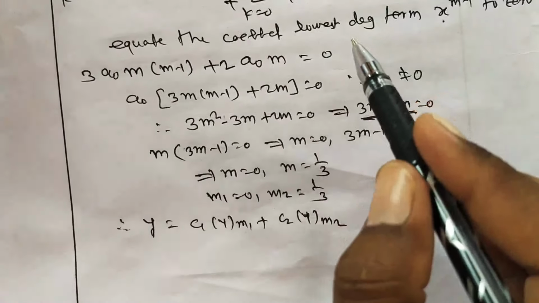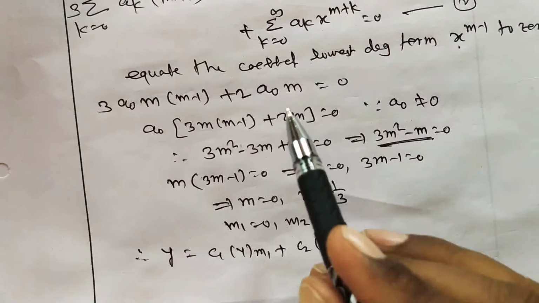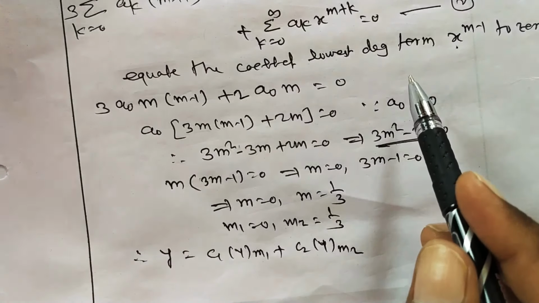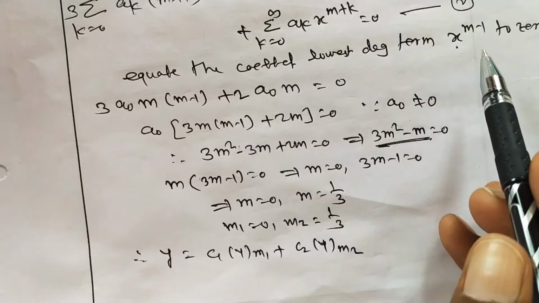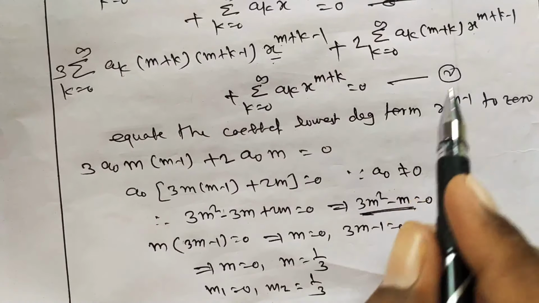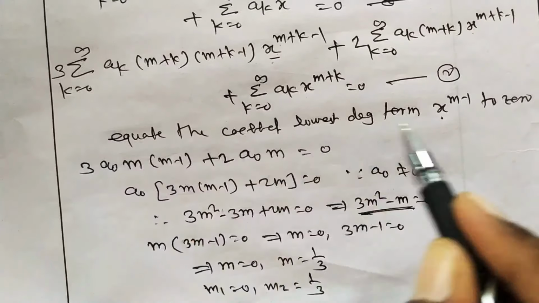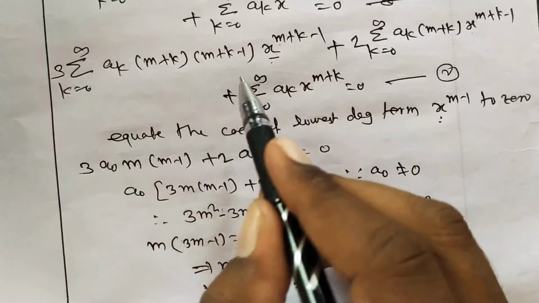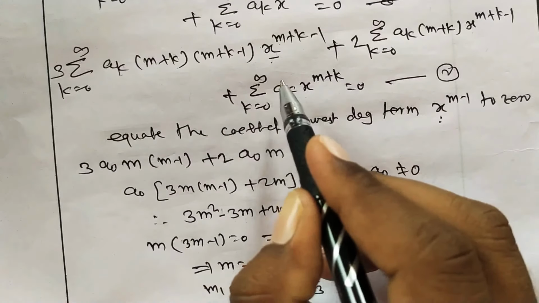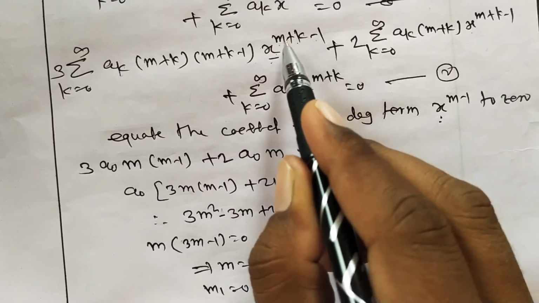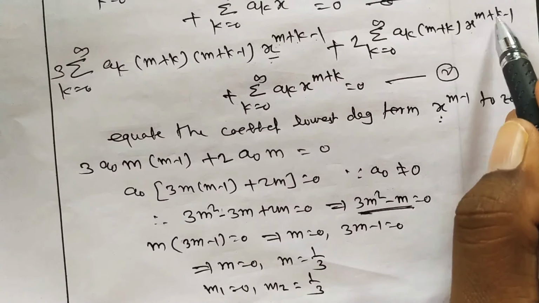Now using equation 2, we have to equate again the coefficient of the lowest degree term of x to 0. Here, for k equal to 0 we got x to the power m minus 1. Now look, for k equal to 1, what will the lowest degree be? For 0 it is already used. Now for k equal to 1, the 1 gets cancelled, meaning we get x raised to m. Here also the 1 gets cancelled, x raised to m.